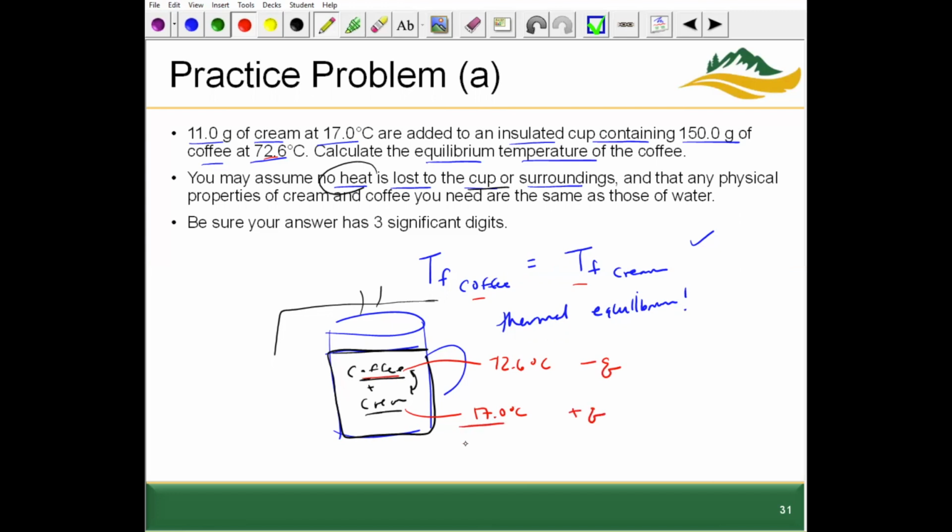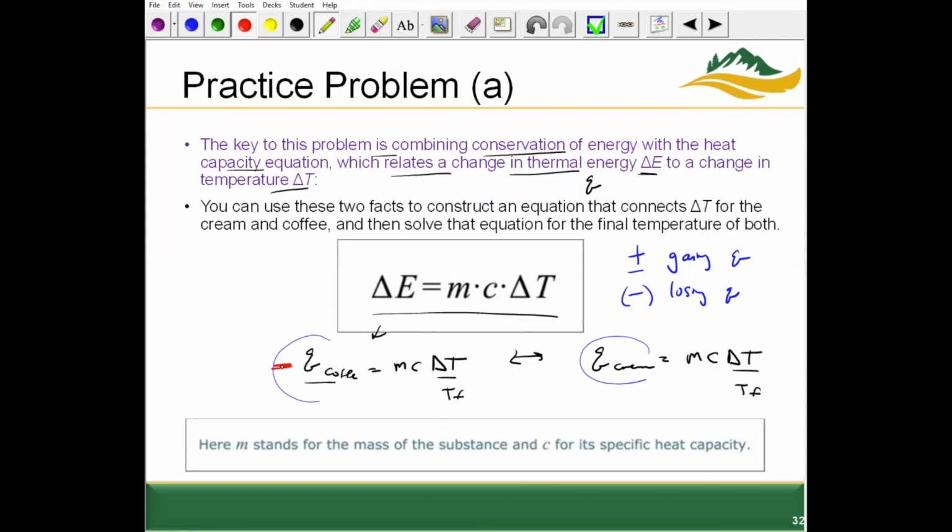If the cream is going to heat up, the coffee is going to cool down. So negative sign for the coffee, it is going to lose heat, and the cream is going to gain heat.